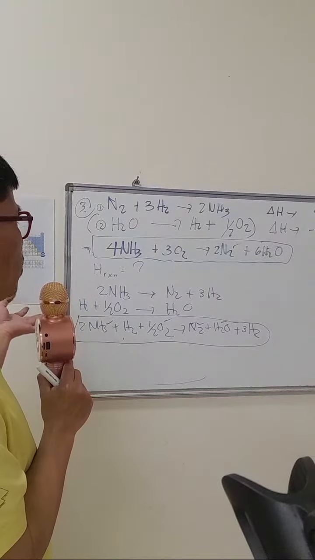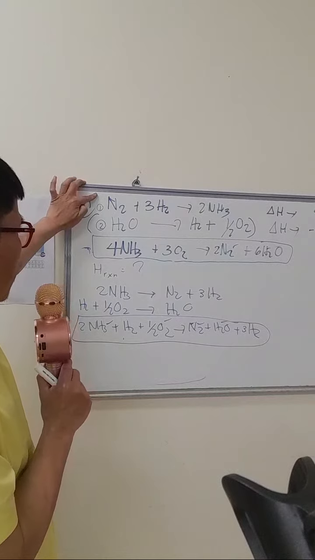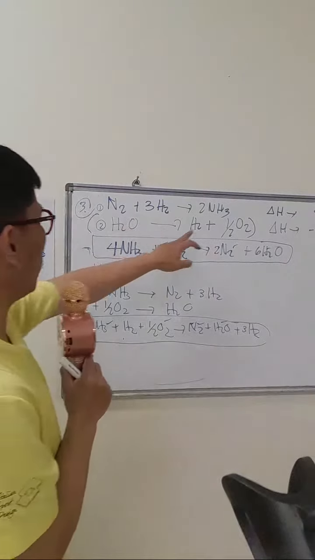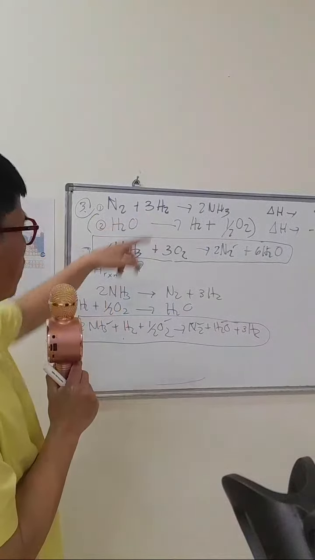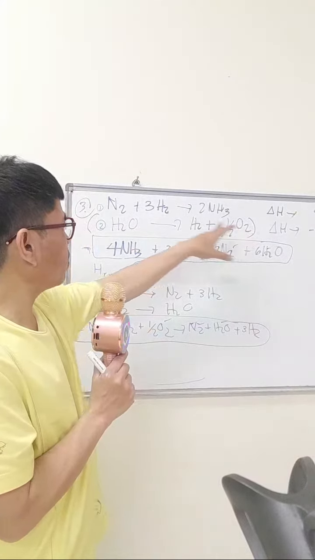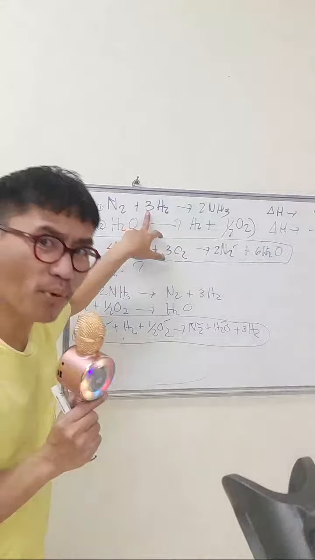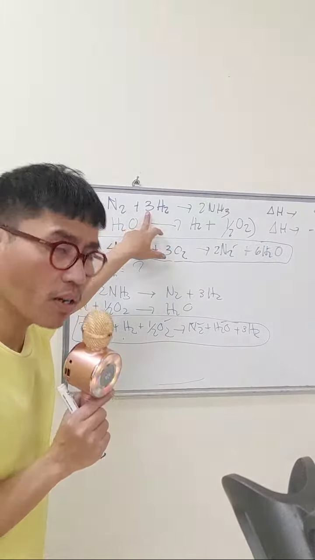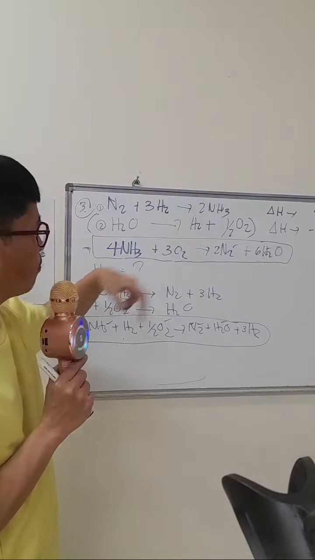But take note, when you add to equation 1, nothing cancels, because 2H2, 2H2O, and this is 3H2. You can never multiply by 2, because if you add this to equation 1, there's a 3. This is an odd number. It's impossible to cancel the H2 and the H2 here.